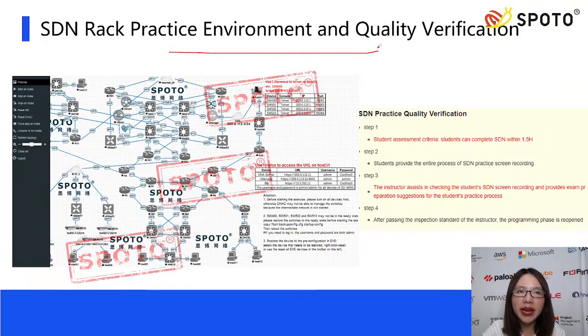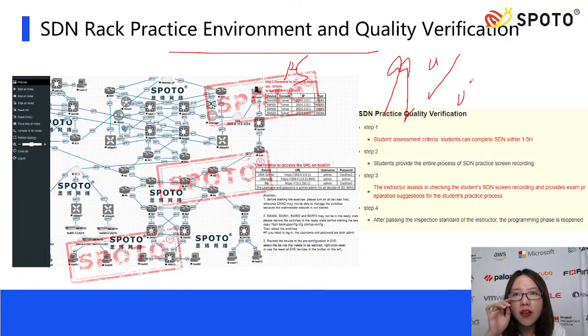This is the complete environment including routing and switching, SDN and programming, which is 99% identical to a test room. You can plan your own practice time and adapt to the test room environment in advance. When you meet exam standards, we will help review your practice process to ensure its quality.